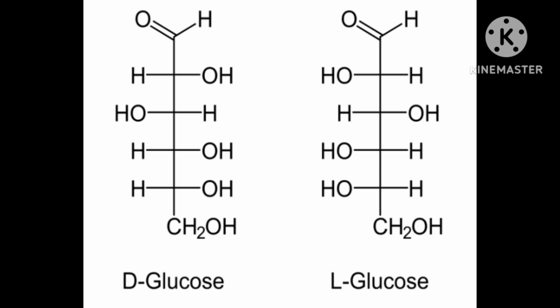Means glucose you can write like this: CHO, the aldehyde group, after that CHOH in 4 number: CHOH, CHOH, CHOH, CHOH. Like that 4 CHOH are attached, one is CHO and the last is CH2OH.